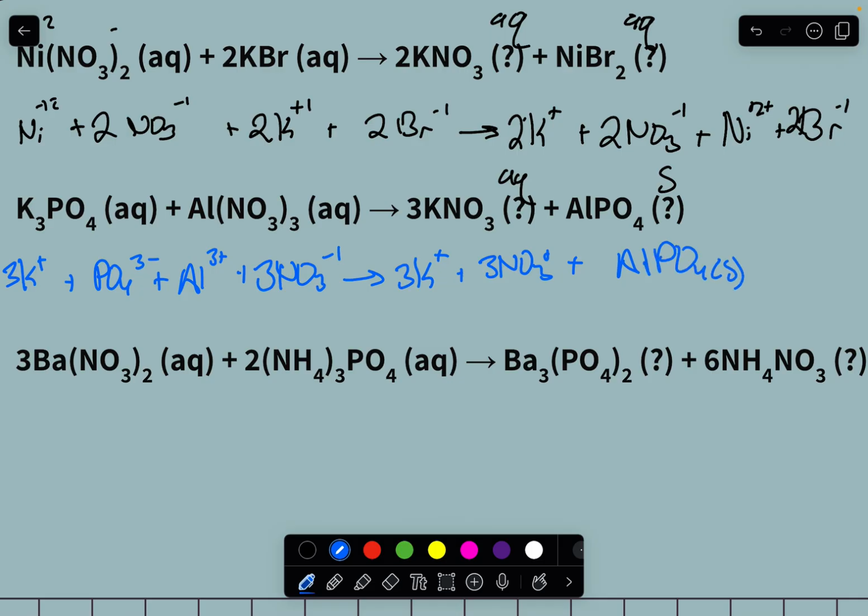What cancels out is our 3 potassiums and 3 nitrates. So what we have left is our phosphate plus aluminum make aluminum phosphate. That is our net ionic equation.